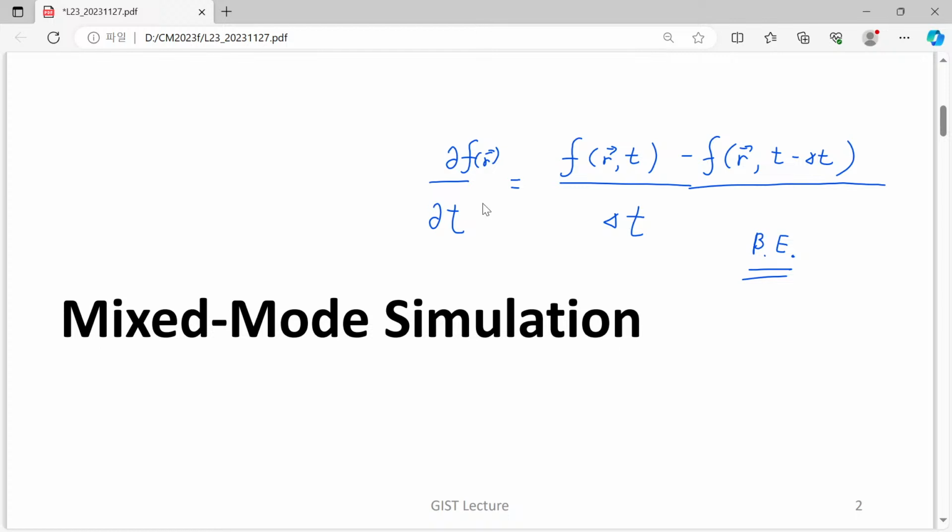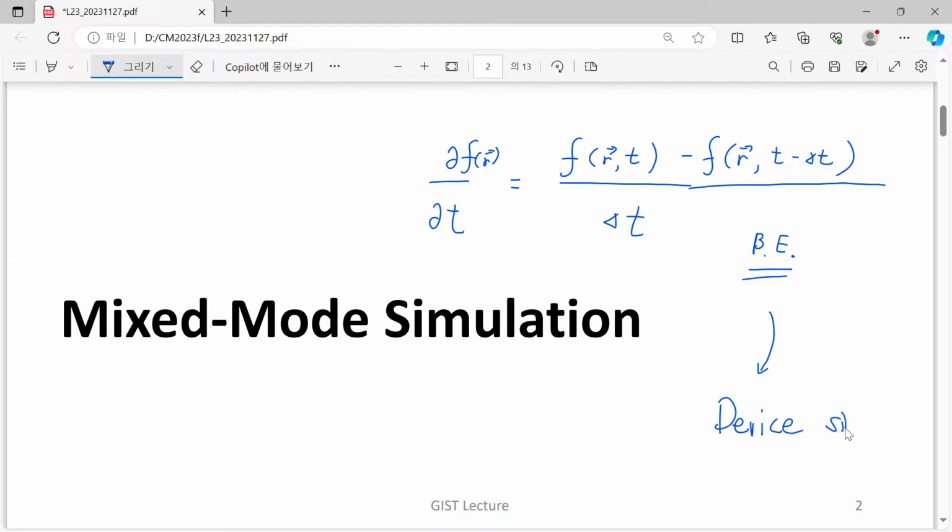Now it's time to move to our device simulator. In the device simulator we have certain quantities, like the time derivative of our electron density and the time derivative of our hole density.